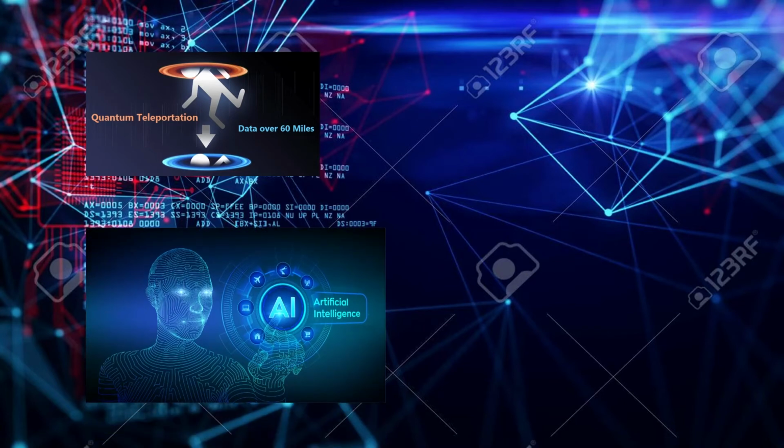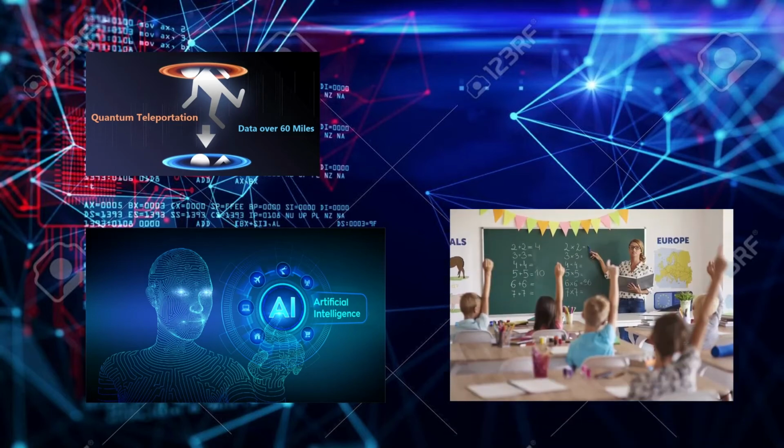There's also the possibility of artificial intelligence. Since quantum computing grows exponentially, with artificial intelligence that also learns exponentially, and with enough computing power, we can actually create more and more advanced AIs. But I feel like the biggest change that will come in our society with quantum computing is actually the educational system.